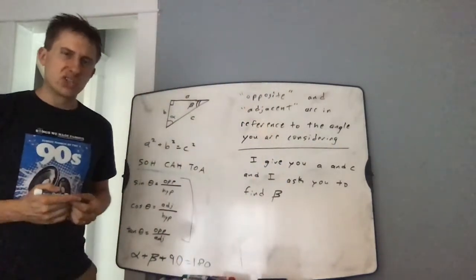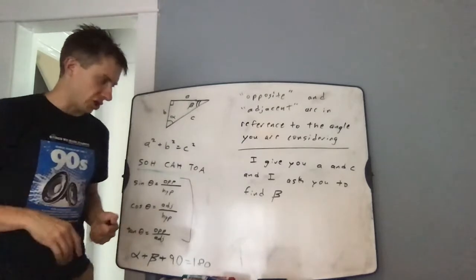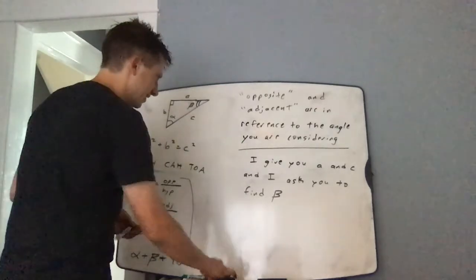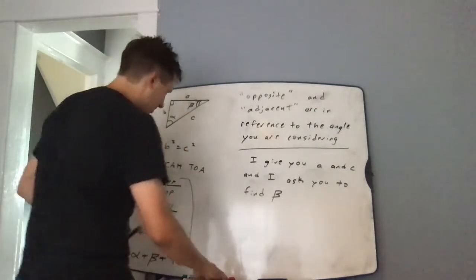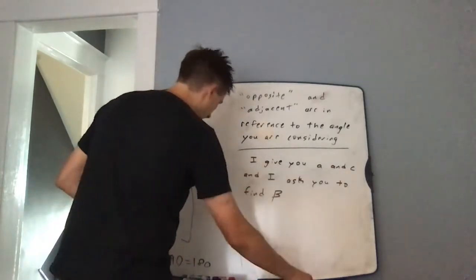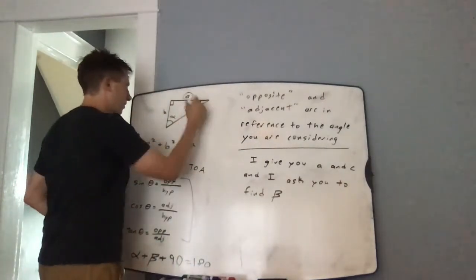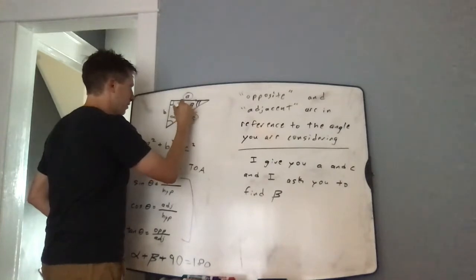In order to do this, we will use inverse functions. So what I would do is I would first write out, okay, we are given A and C, and we are asked to find beta.